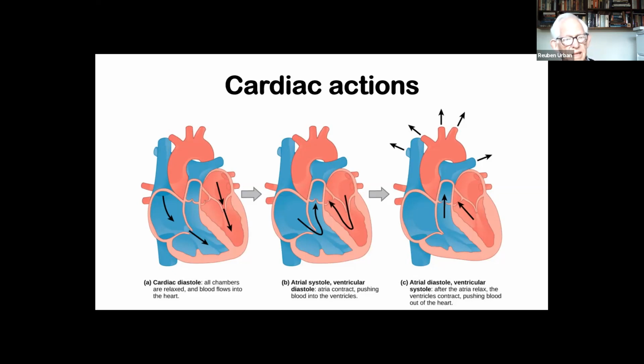So from here, the right ventricle, it goes up through these valves, and it goes to the left. This is a pulmonary artery, and that's the left, and the right goes to the lungs.